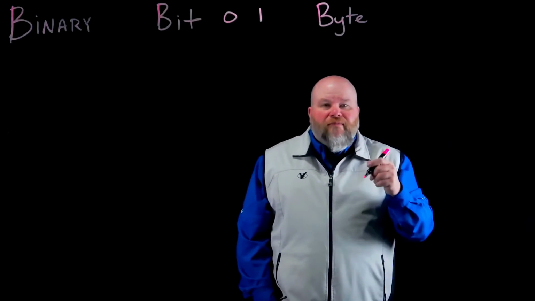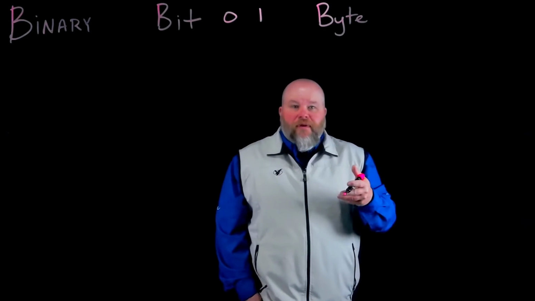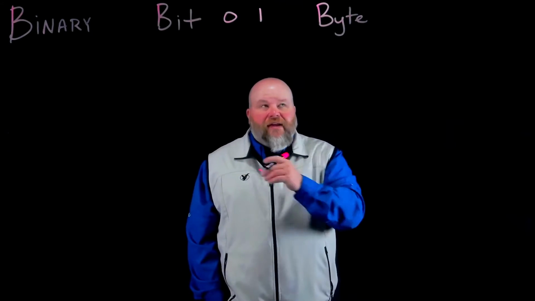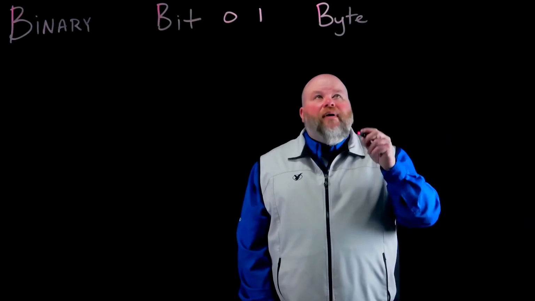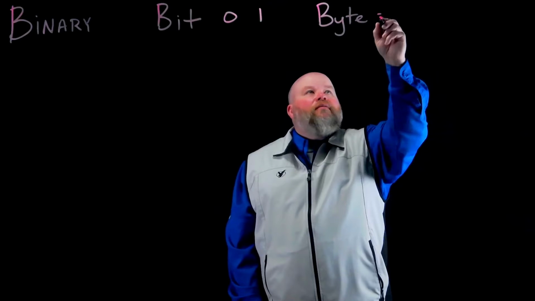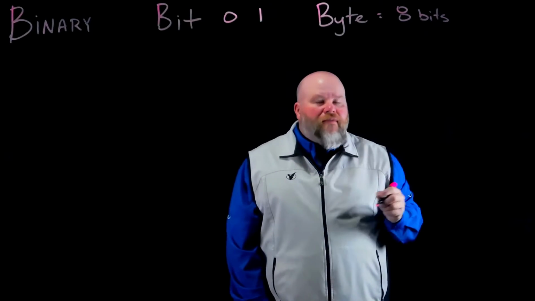So here's how we do binary math. Binary mathematics work reverse from what you're used to. They're going to work from right to left. So we're going to take our first bit out of our byte, and we're going to write up a quick note up here. It says a byte is equal to 8 bits.